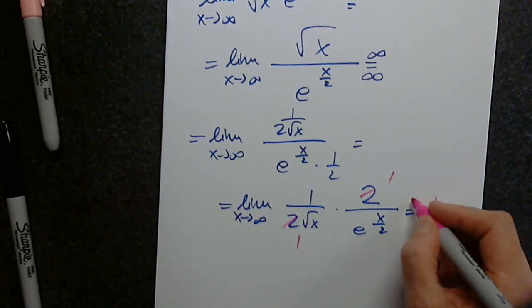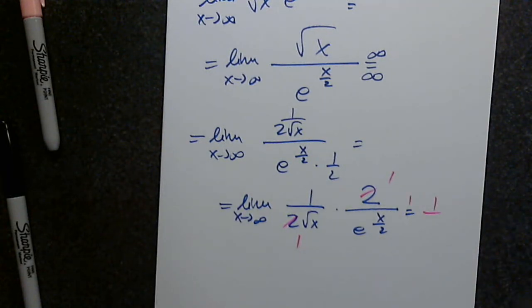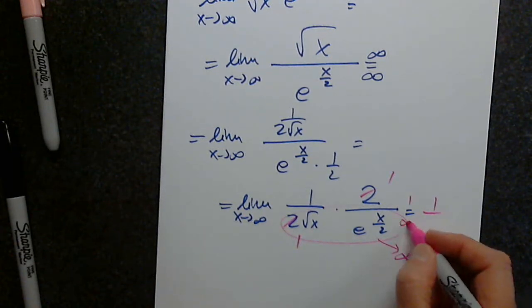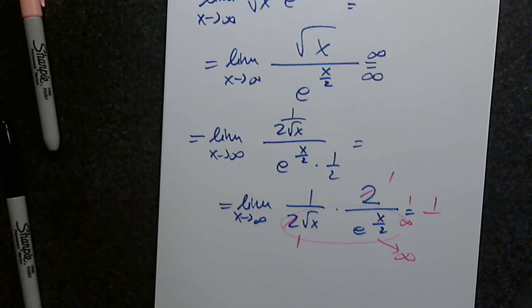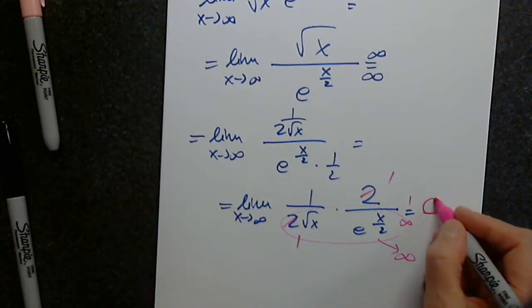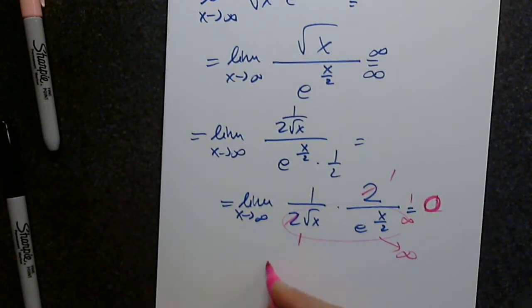The denominator goes to infinity, and 1 over infinity is a very nice number, which is 0. So y equals 0, horizontal asymptote at infinity. Any questions?